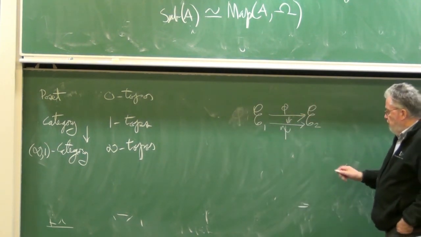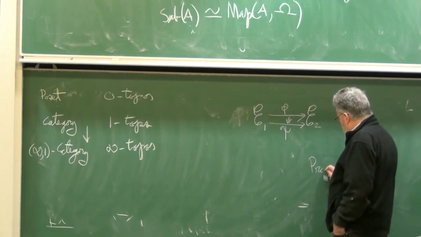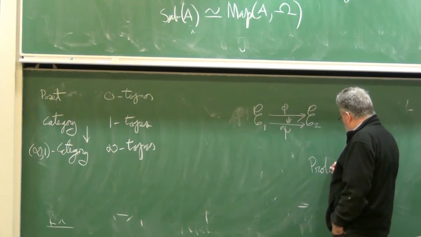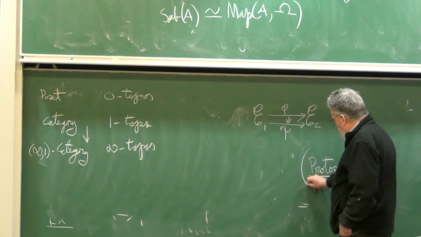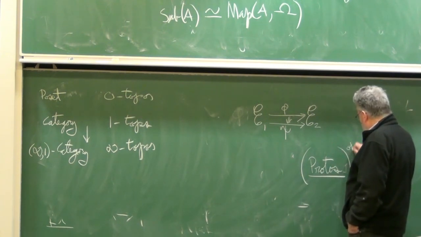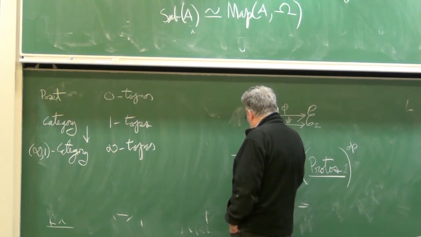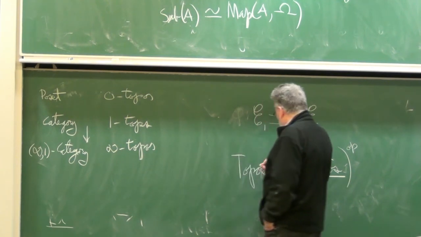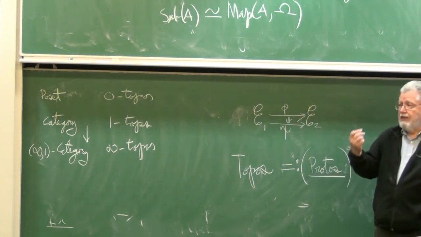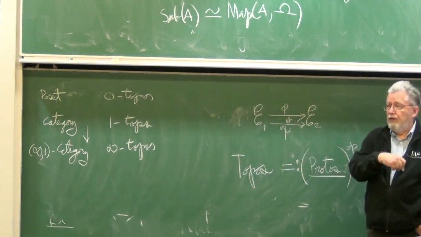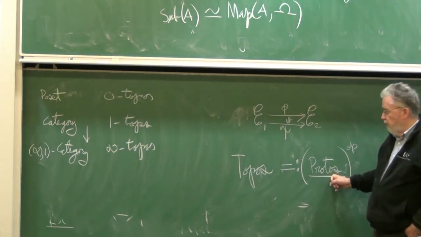And so you have the 2-category of protoi, and if you take the opposite of it, that would be the category of topoi. Okay. So a topos is defined formally exactly like a locale is defined formally from a frame. This is defined from a protos.